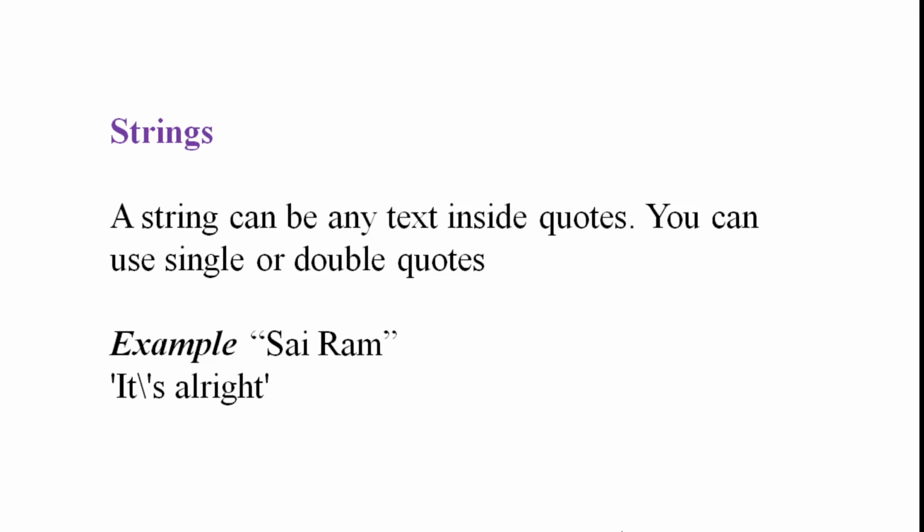A JavaScript string simply stores a series of characters, like here I have taken Sairam, a series of characters. In the next example, it's alright, here I have taken an escape character. An escape character can also be used to insert other special characters in a string.